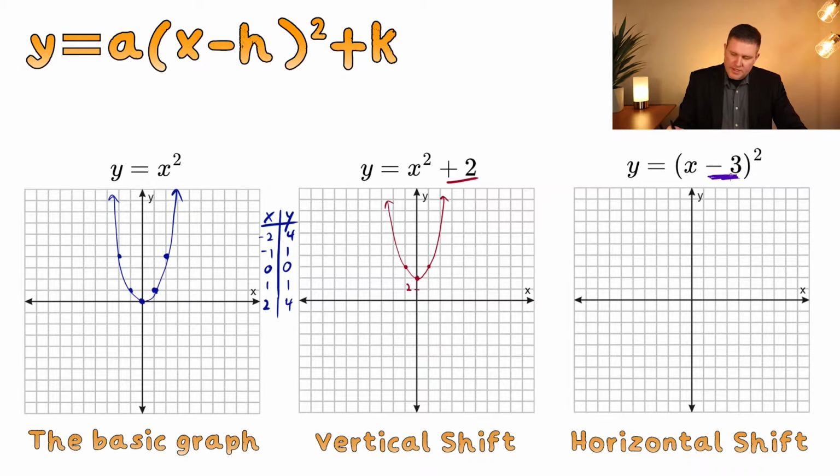So this actually means you went to the right 3. So 1, 2, 3 to the right, and just make a couple points there. And then nice smooth graph. And yeah, so we've got vertical shift with the number at the end, and then horizontal shift with the number in the parentheses. Just remember, that's going to be opposite.